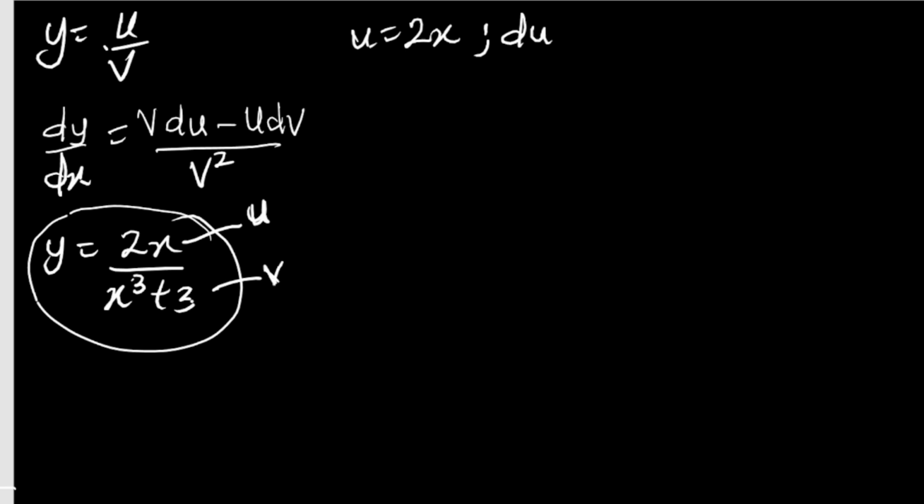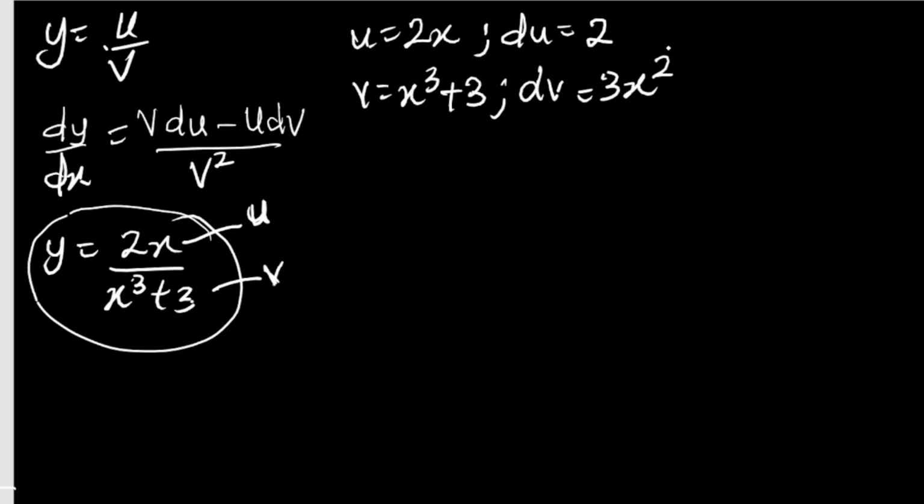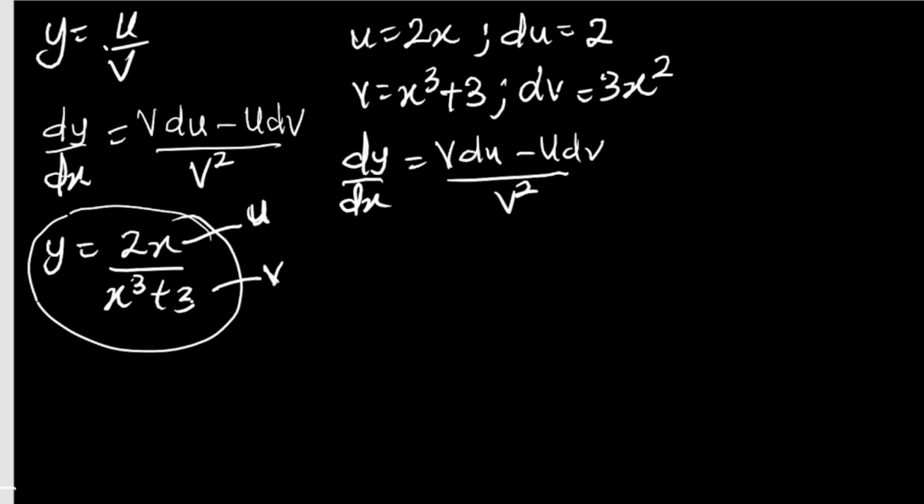Differentiating u with respect to x gives 2. At the same time, differentiating v, which is x cubed plus 3, gives dv equal to what? Differentiating x cubed gives 3x squared, and differentiating a constant gives 0.